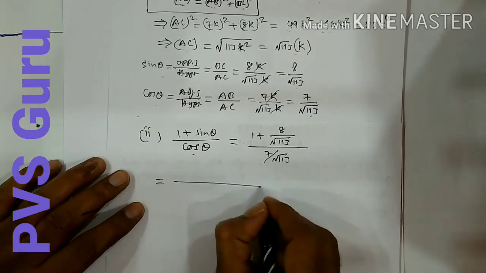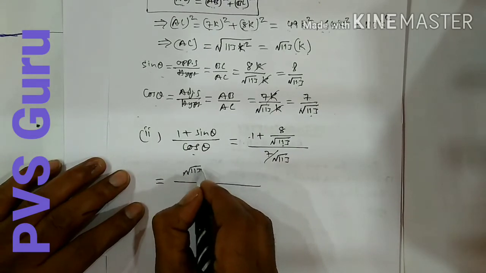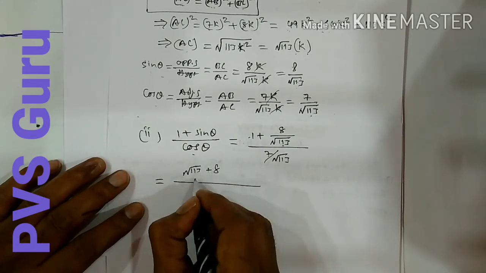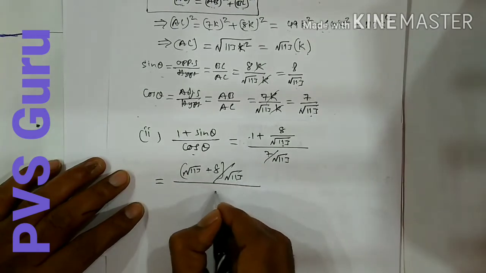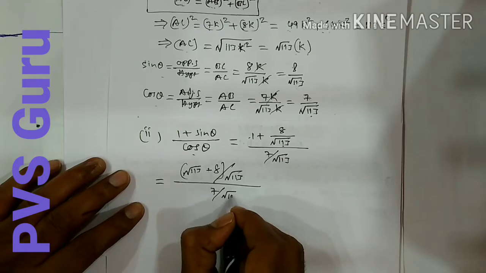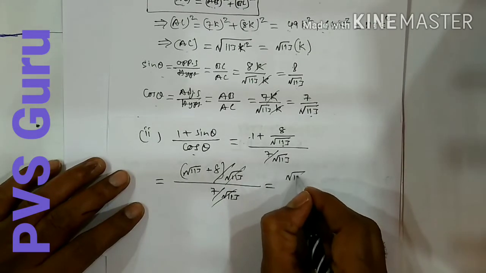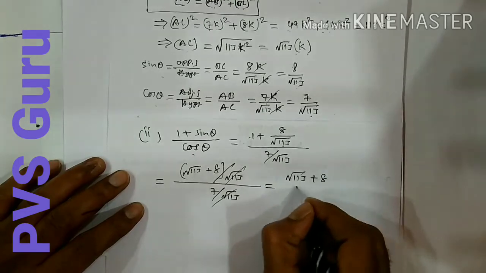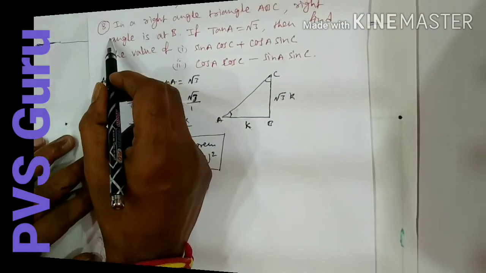So it is root 113 into 1, root 113 plus 8 by root 113, divided by 7 by root 113. Root 113 cancels, and we get root 113 plus 8 by 7. This is the answer for the second bit.